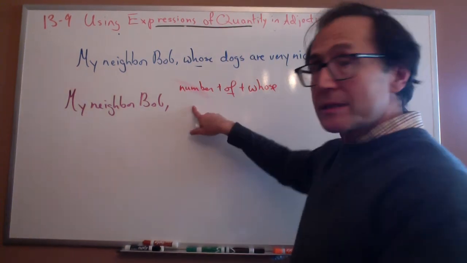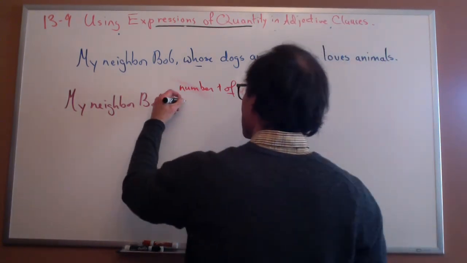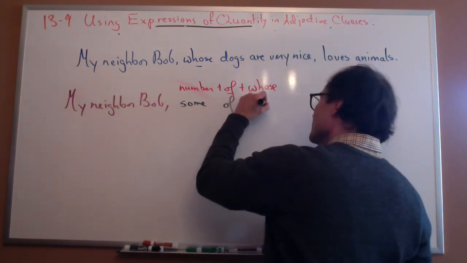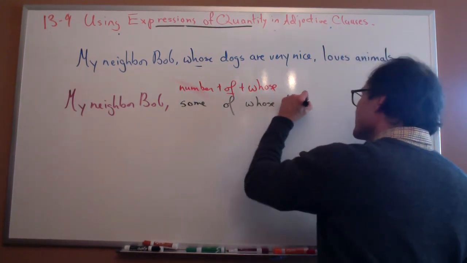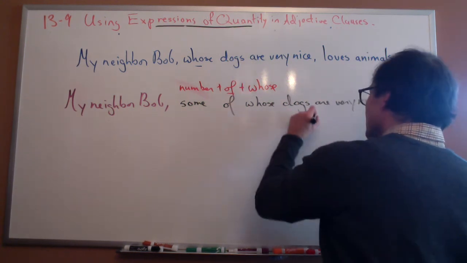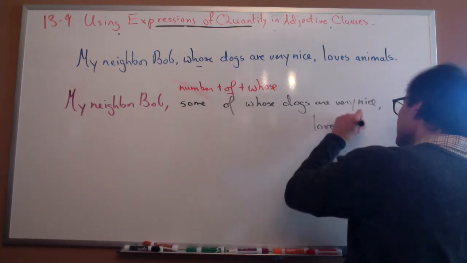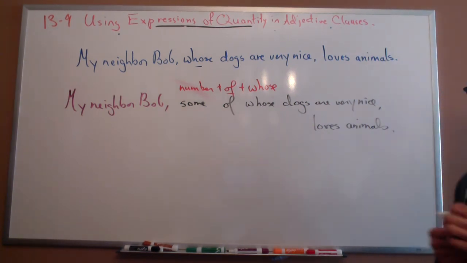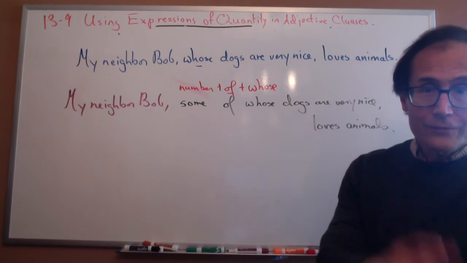So I can use the word some as the number. And I can say, my neighbor Bob, some, there's the number, of, there's of, whose. And then the rest of the adjective clause, dogs are very nice, loves animals. Okay? And so when an English speaker hears that, they know, oh, some of the dogs are nice, not all of them.